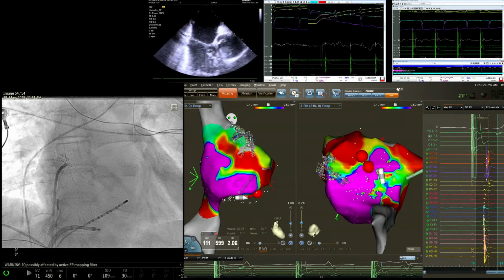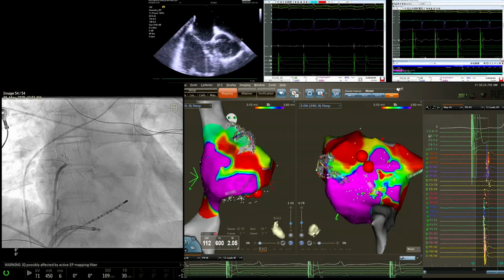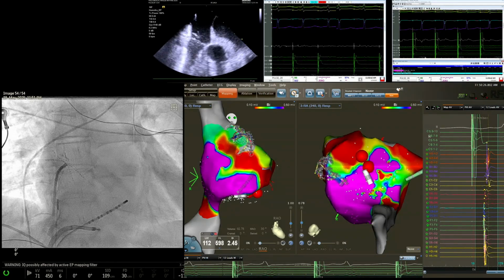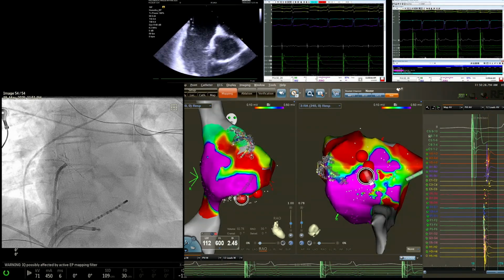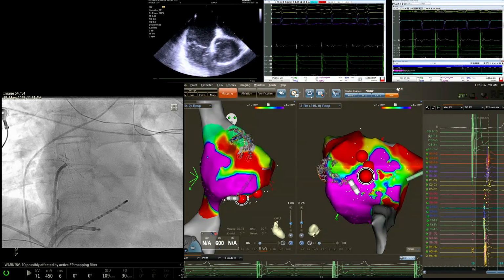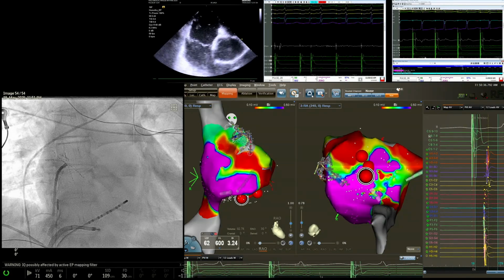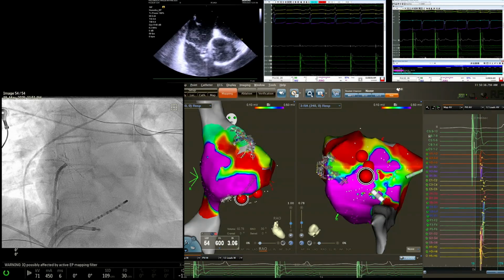Then I'll just do it this way. My sheath is actually getting in my way, so I'll just use the catheter itself. Okay, take a point there. You know what? I don't like my contact now. Give me a second. Yeah, this is probably going to be better. Give me a second. My force is not as good.